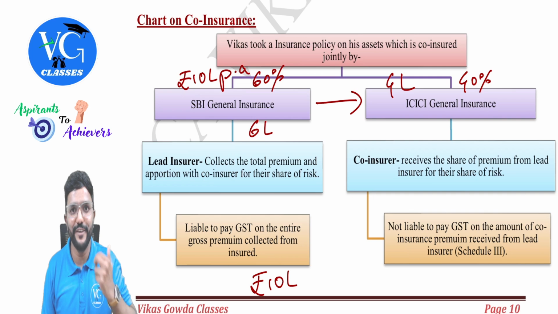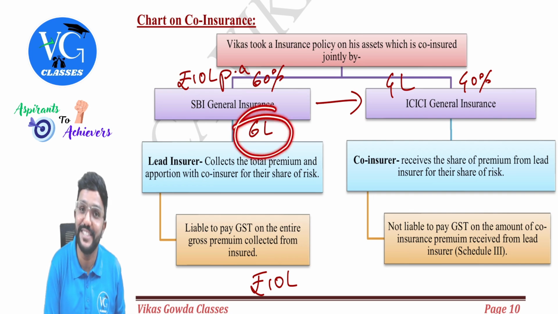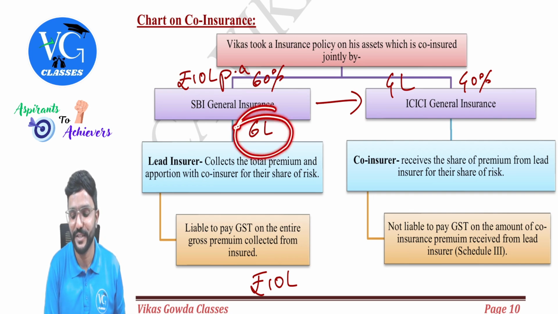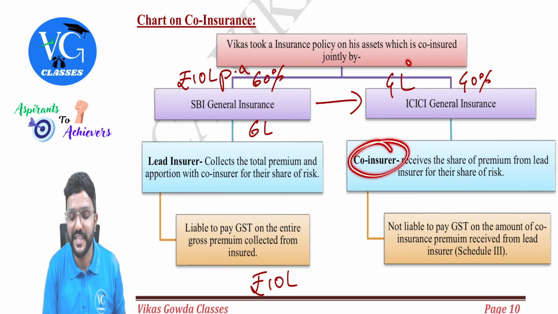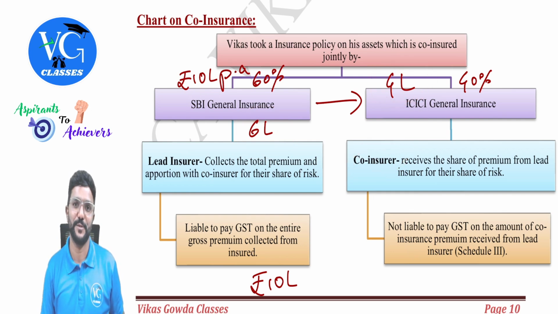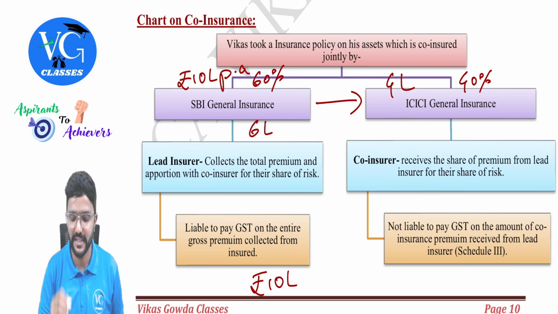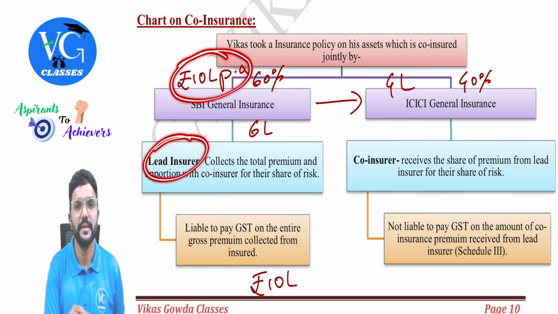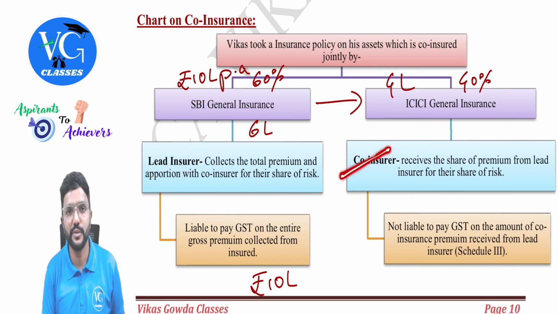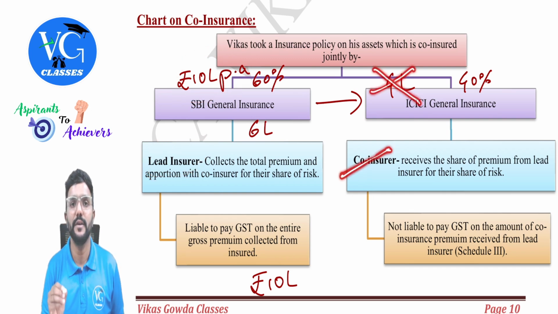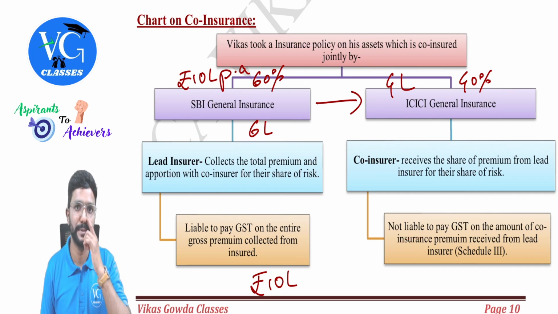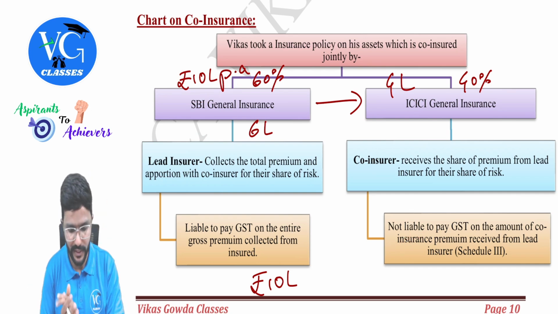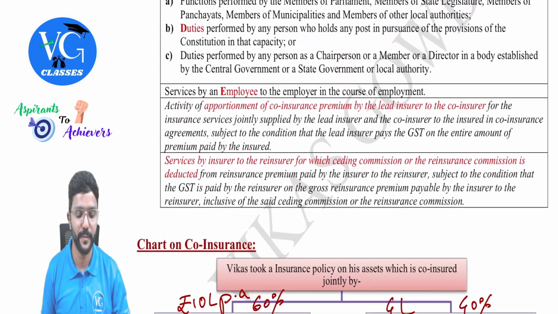If by chance the lead insurer has paid GST only on 6 lakh, in that case should the co-insurer pay GST on 4 lakh? Yes, they have to pay. So in Schedule 3, the condition is: if the lead insurer has paid GST on the entire 10 lakh, then co-insurer, you don't pay tax on 4 lakh, which is the co-insurance premium, guys. Got it? Yes. Let me read that provision.